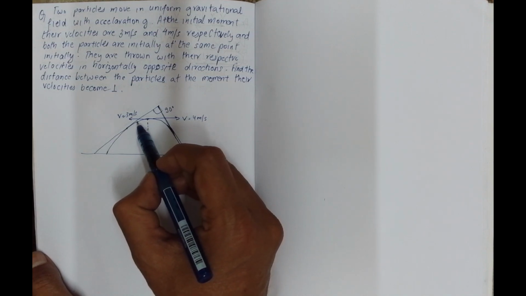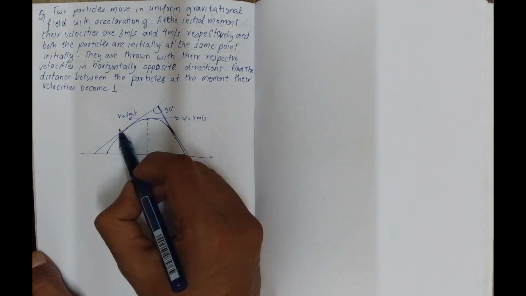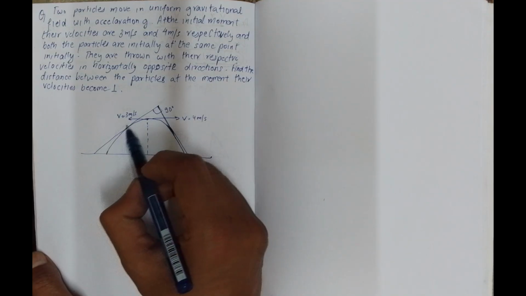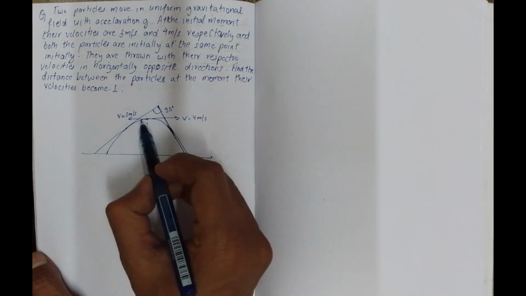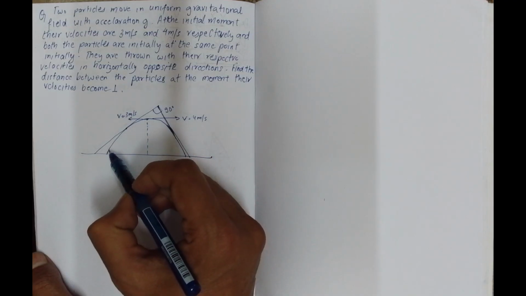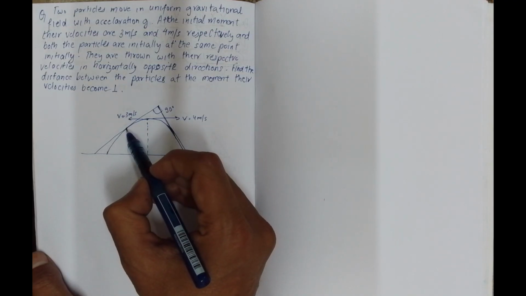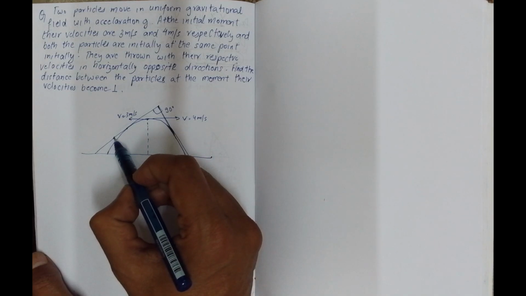So if the particle is here, and you draw the tangent to this curve at this point, the velocity will be along this tangent, in this direction. So if the particle is going from here to here, and at any point of time is here, then the velocity vector points along this tangent.